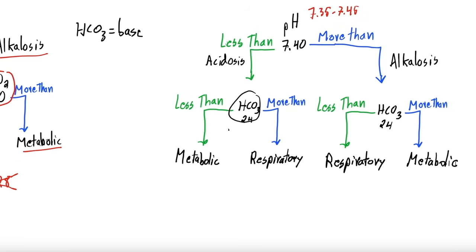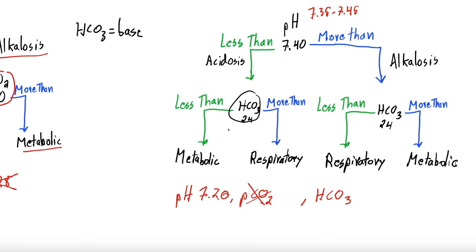So just like we did over there, let's say the pH is 7.20, right? That is less than 7.4, so you have an acidosis. And your PCO2, which we're going to ignore in this case, is 70. And your bicarb is, actually, let's do this differently.